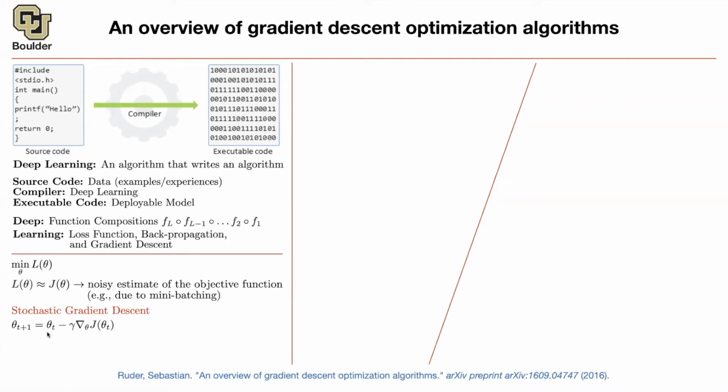That's the size of your mini batch. And then you do the mean squared error on that subsample of 256 data points. So that's going to be a noisy estimate of your loss function. And per each iteration, you subsample a mini batch. Okay, thank you.